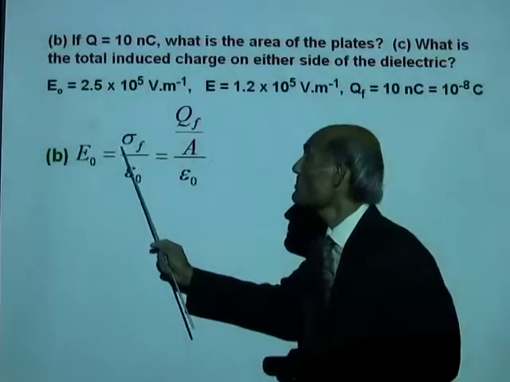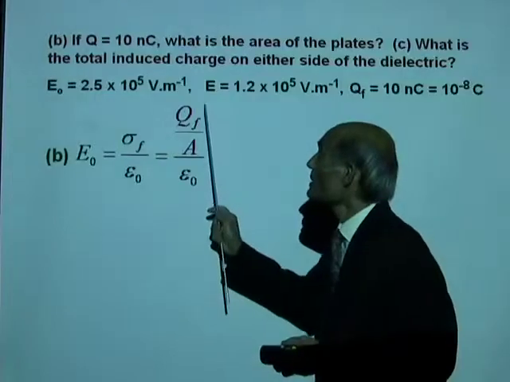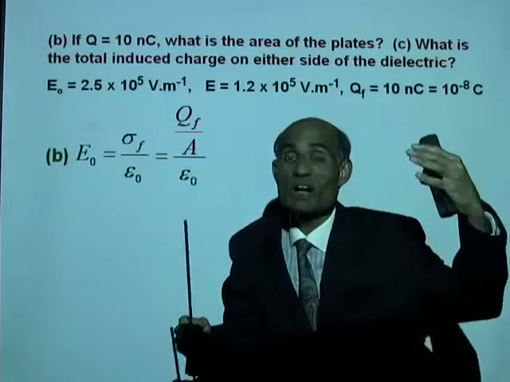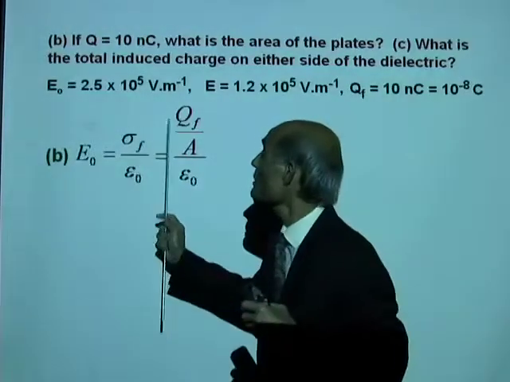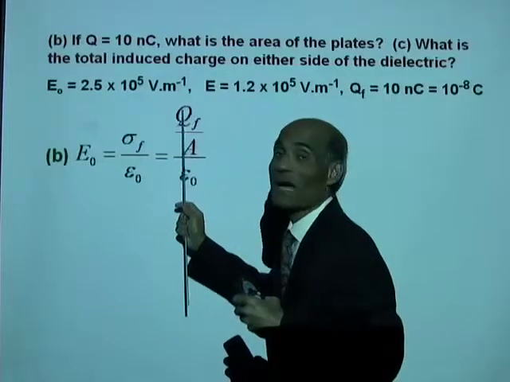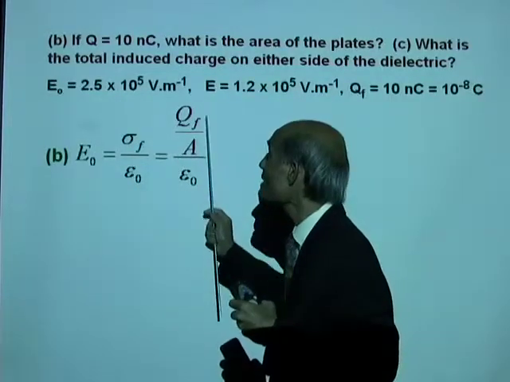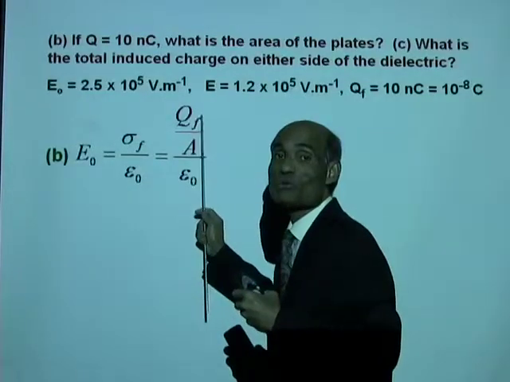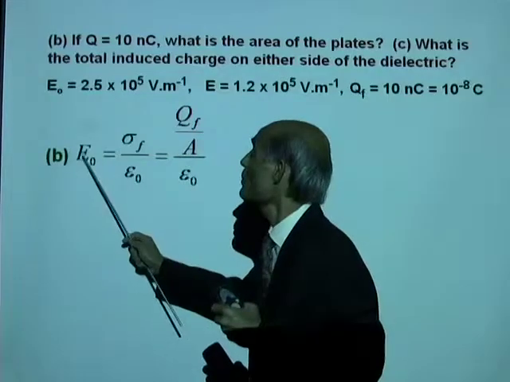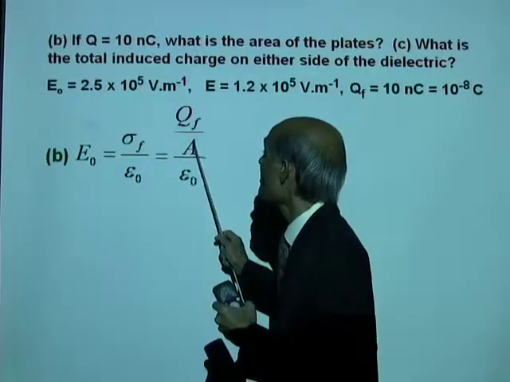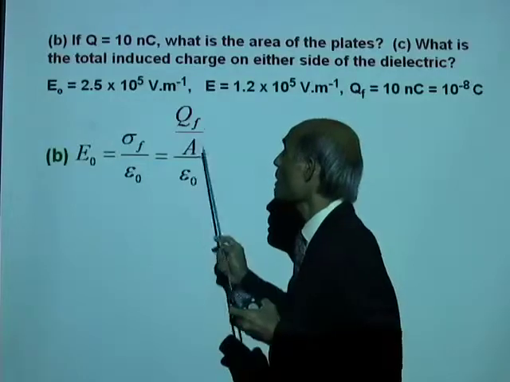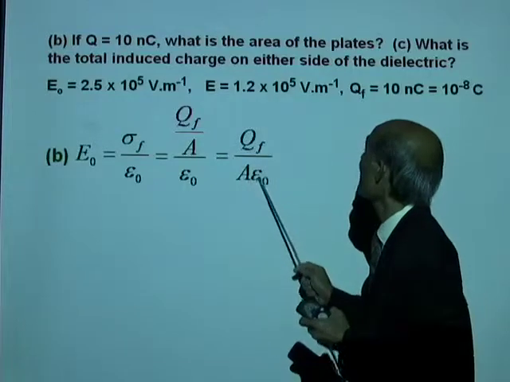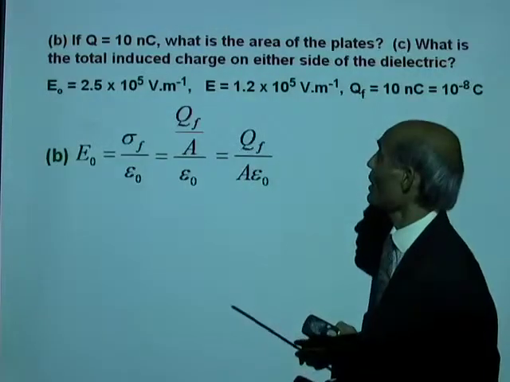Sigma F is the charge density of the free charges on the capacitor plates, and that will be the total charge on the capacitor plates divided by the area of the capacitor plates. So I replace sigma F by QF divided by A, and so E0 equal to QF divided by A, divided by epsilon naught, and this A will come to the denominator. That will be QF divided by A epsilon naught.